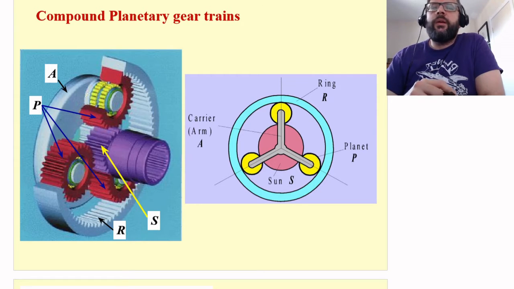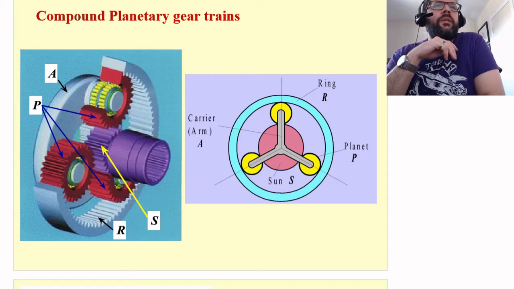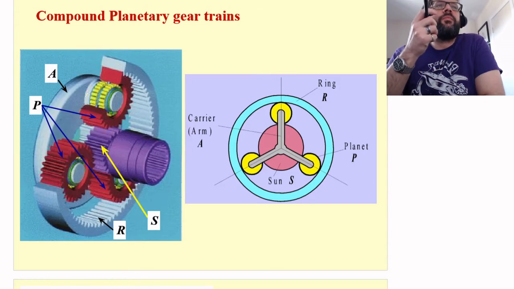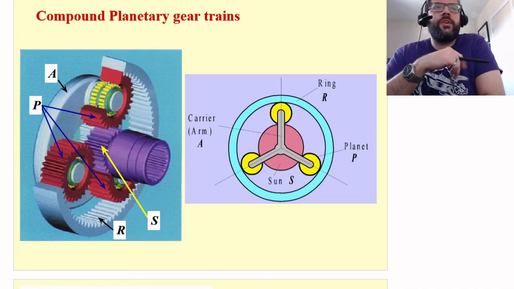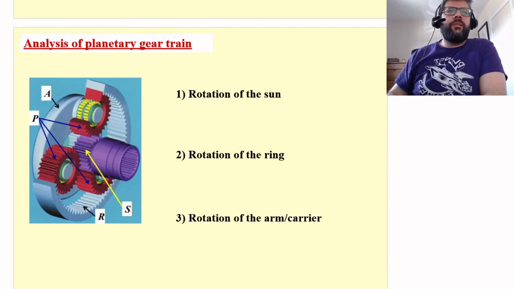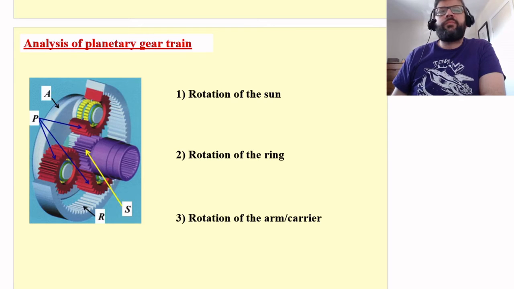And yeah, the basics is that by selectively stopping the rotation of some of these, we're able to pick our gear ratio. So when we're doing that, we have 3 different things that we could be worried about: the rotation of the sun, the rotation of the ring, and the rotation of the arm and carrier.